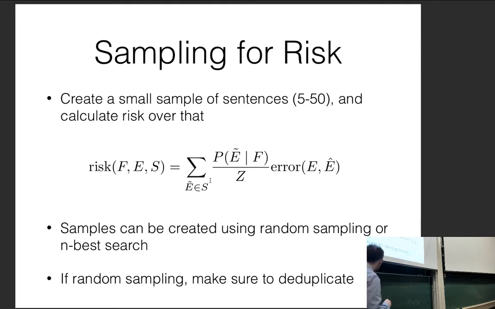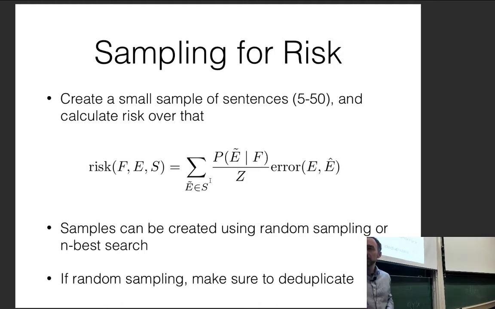So what that would look like is you would have a sum over E tilde in S of the probability of E tilde given F. And this would be your normalization constant for S, basically, like this.